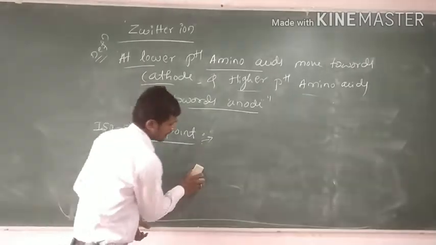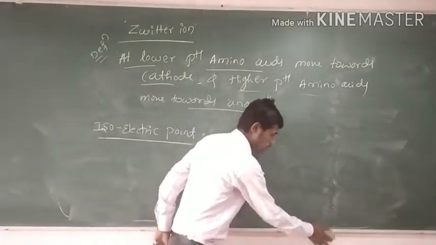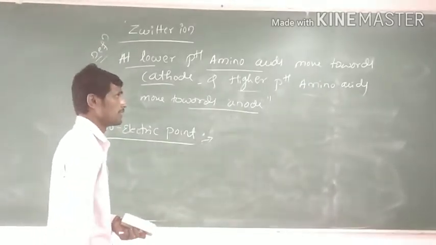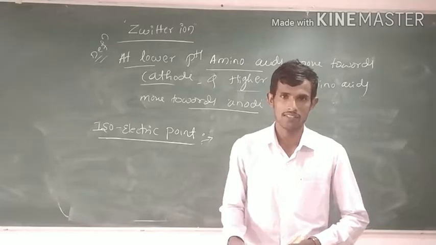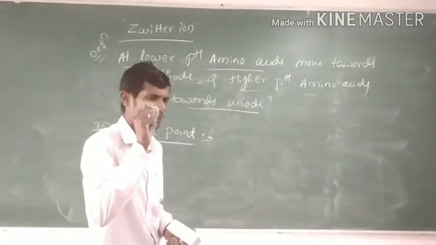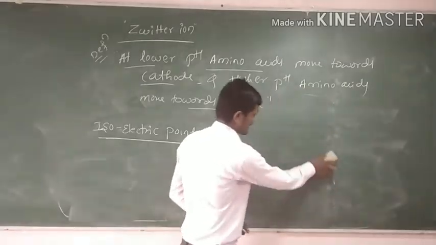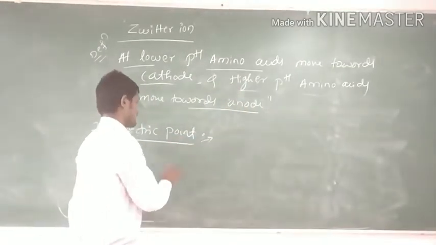Students, at lower pH value, amino acids move towards cathode, and at higher pH, amino acids move towards anode. But at a particular pH, our amino acids cannot move towards either cathode or anode. That point is called isoelectric point.